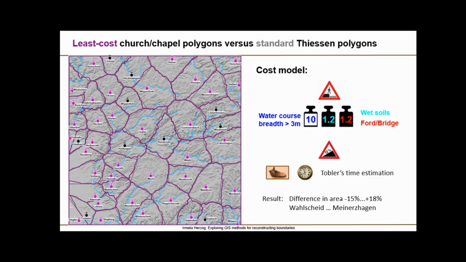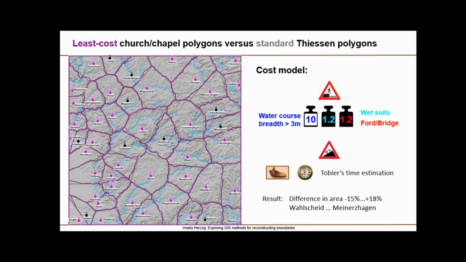So what I did now is to compare the areas, and to my surprise, they were not that different between the Euclidean distance and the least cost distances. But pedestrian walking is not as bad as vehicles in terms of least cost differences to Euclidean distances.